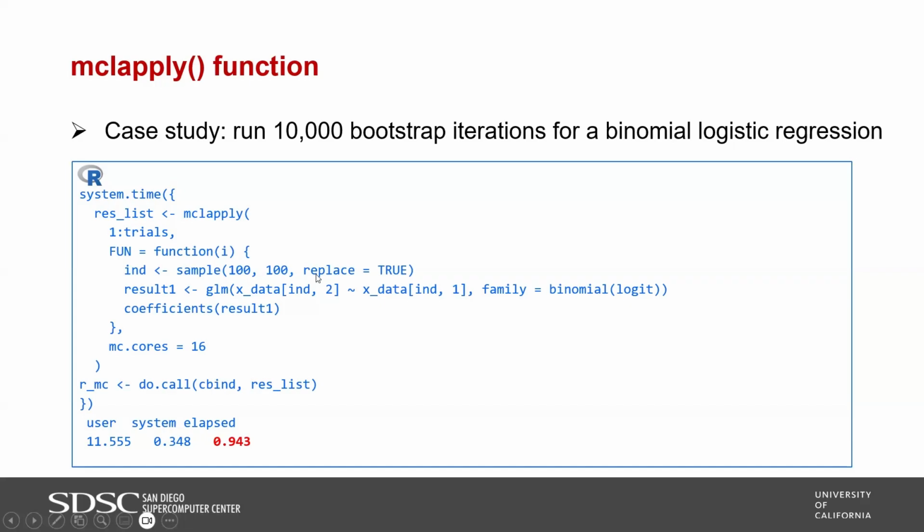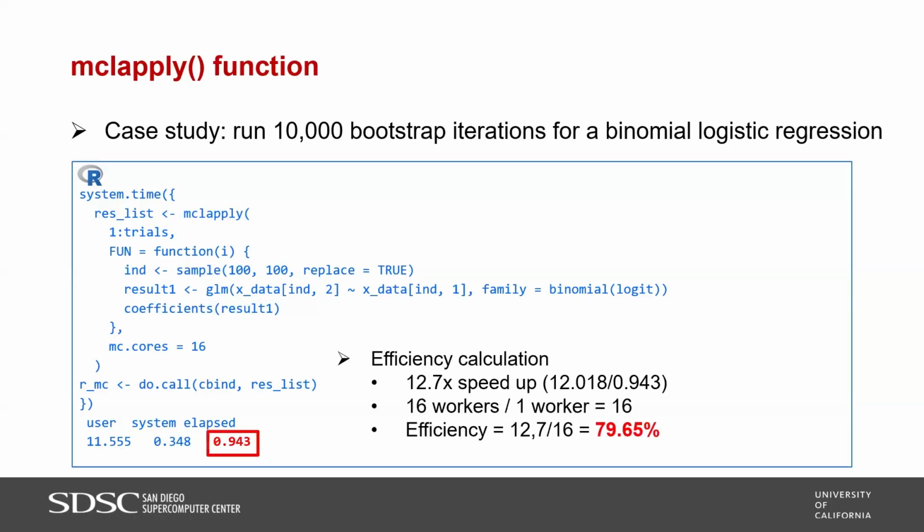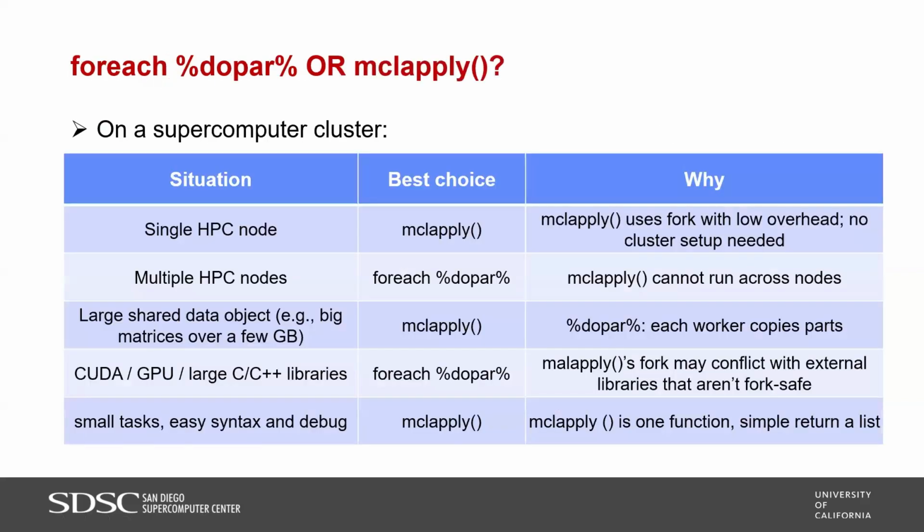We use the mcapply, and we specify how many iterations we have, and we just insert that bootstrapping function into the mcapply, and then we specify the cores we are using, and it only took 0.9 seconds to finish. That's running faster than the foreach, right? And the efficiency now is close to 80%.